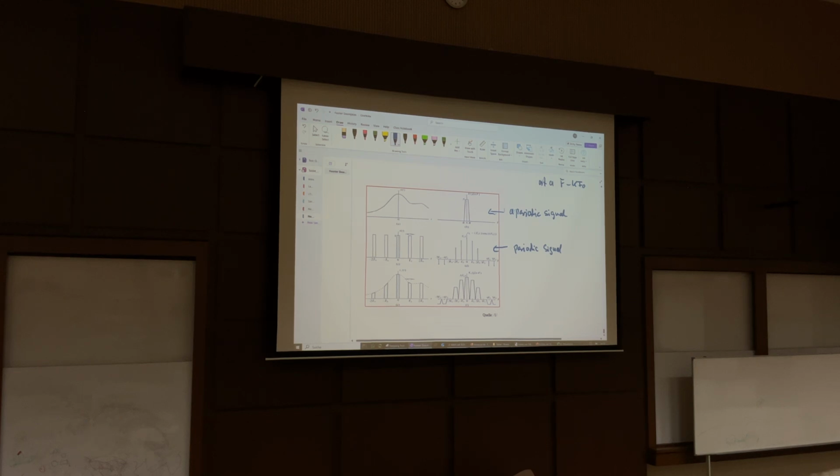And you have a discrete spectrum. These are the CKs. This here is a continuous spectrum.